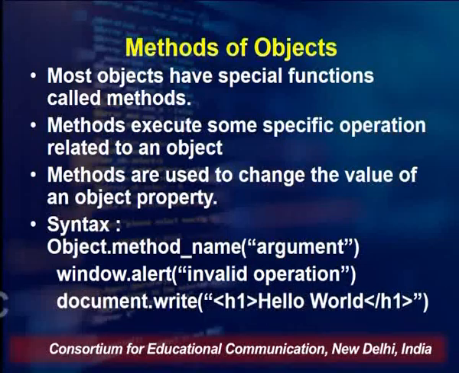It is very important to understand that methods are used for changing the value of an object property. You cannot alter the value of a particular object's property unless you are using a method or a function. Then we have events.